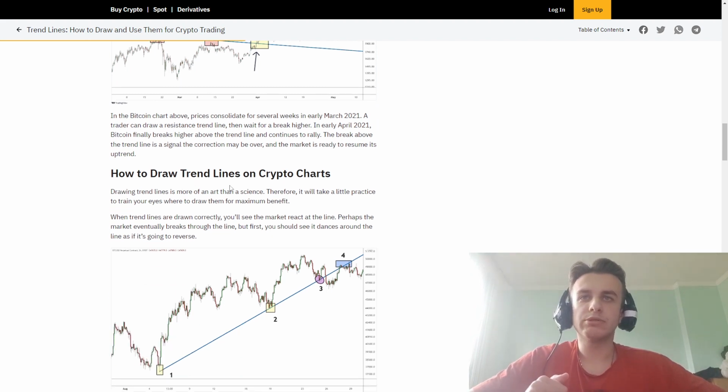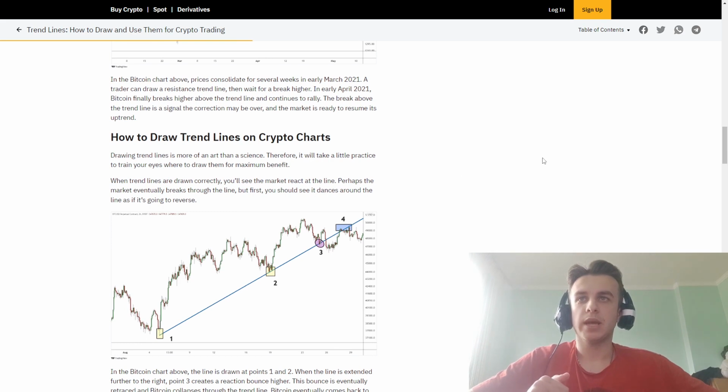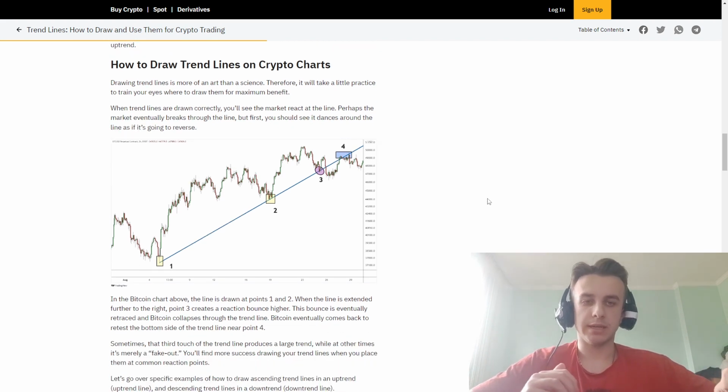How to draw trend lines on a crypto chart. Drawing trend lines is more of an art than a science, therefore it will take a little practice to train your eyes while drawing for maximum benefit. When a trend line is drawn correctly, you will see the market react to the line.